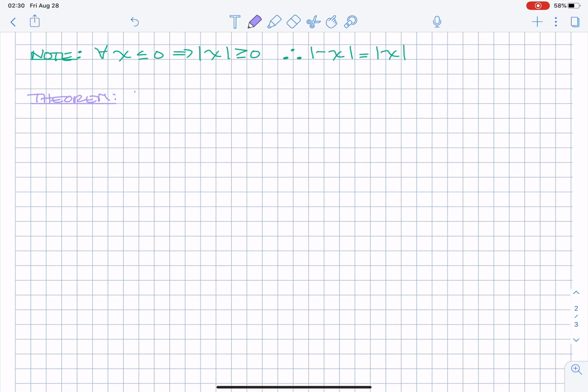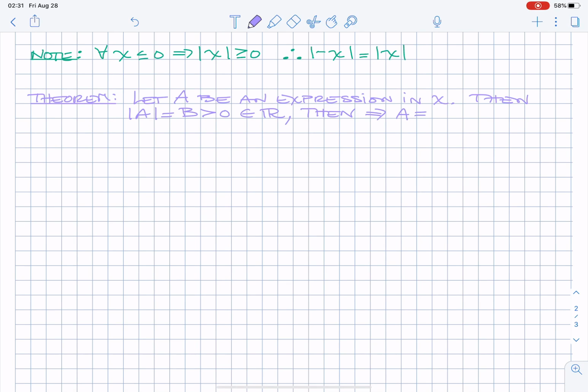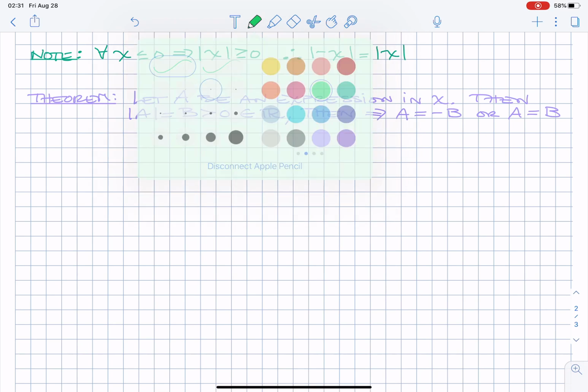Okay, so let's let A be an expression in X. Then, if we have that the absolute value of A is equal to some positive real number B, then this implies that A is either the negative of B or A is just the same as B. Okay, well, let's note something.